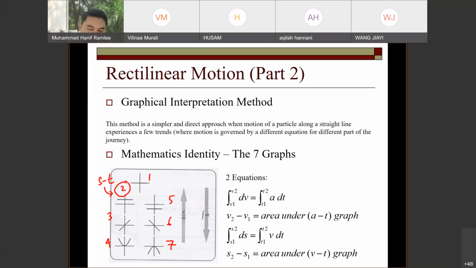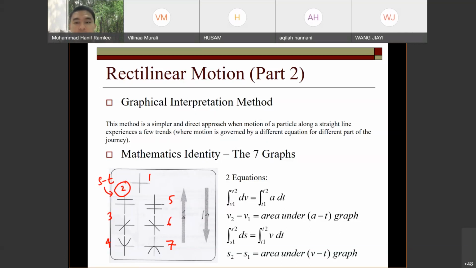Okay, let's continue. Let's say the second graph given in the question is representing the ST graph, displacement versus time graph. If number 2 is given and you want to have the VT graph, what should you do, integration or differentiation, if you have an ST graph or S equation?